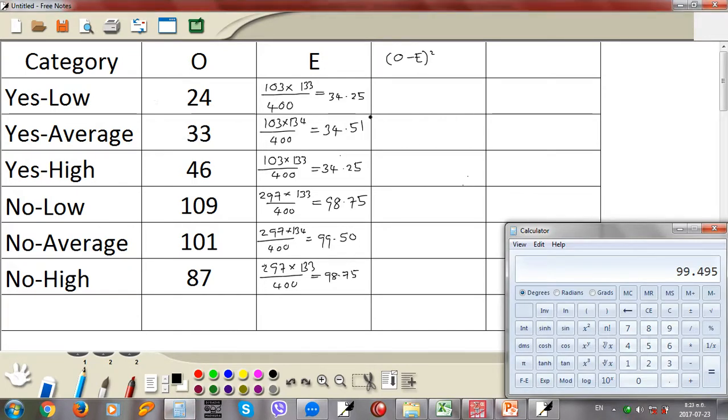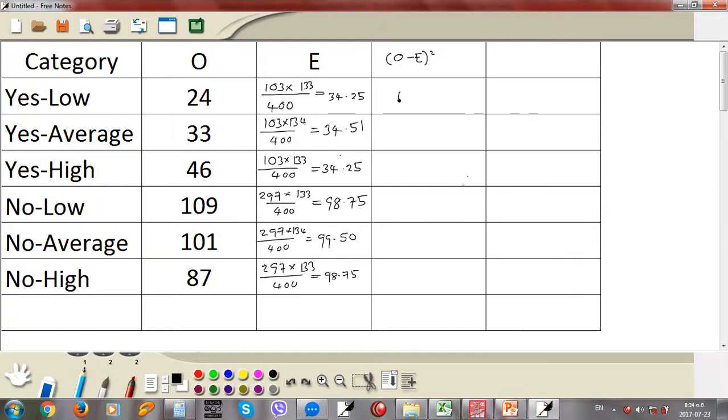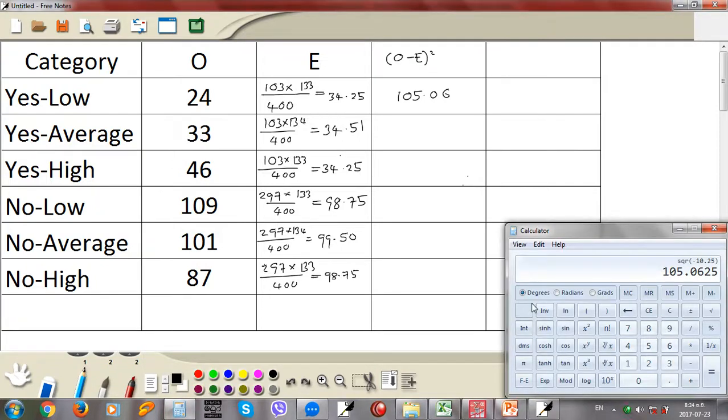Observed 24 subtract expected 34.25, then square this, and the answer is 105.06. Here observed 33 minus expected 34.51, square it, 2.28.